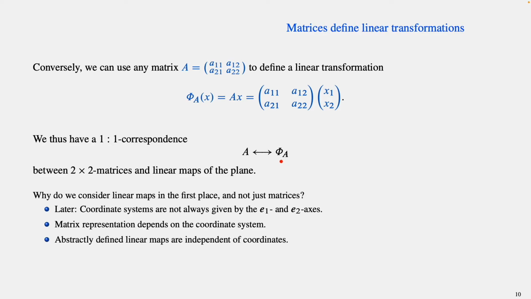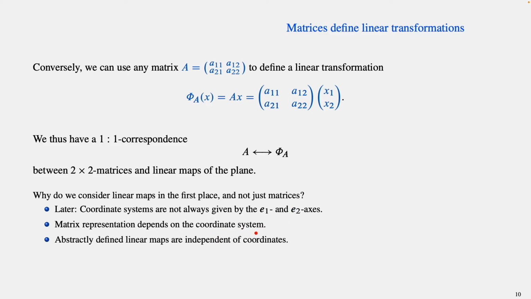Now, you might ask, why do we have these two concepts to begin with, linear maps and matrices? Why don't we just consider matrices or just consider linear maps? Well, as we will see later, coordinate systems are not always given by the E1 and E2 axis. So we don't always use our canonical basis vectors to describe coordinates. And the matrix for a given linear map is dependent on the choice of the coordinate system.